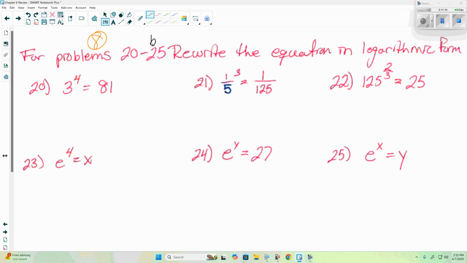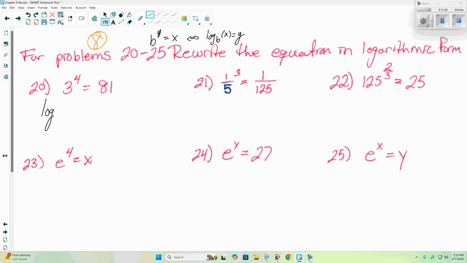b to the y equals x if and only if log base b of x is equal to y. You can rewrite that. That is the same statement we just had before. I just have it flipped. So 3 to the 4th equals 81.